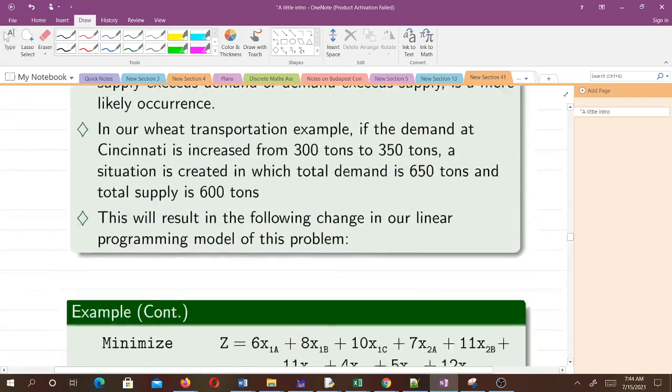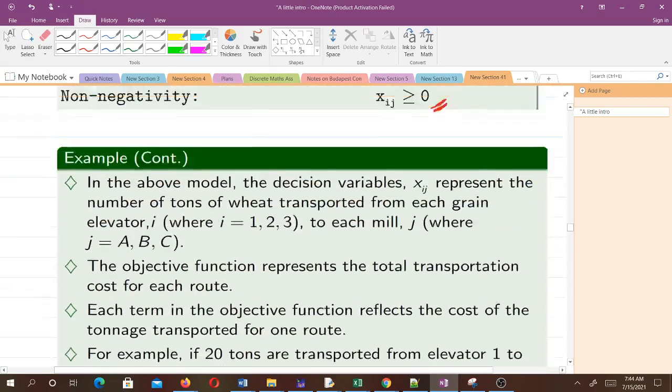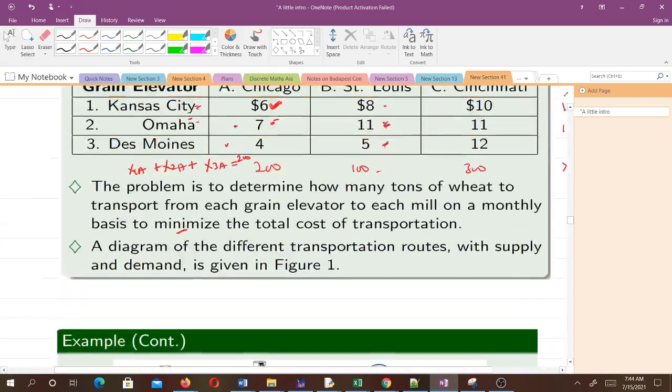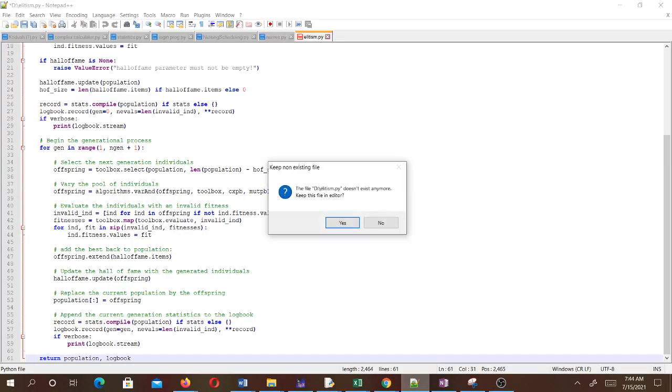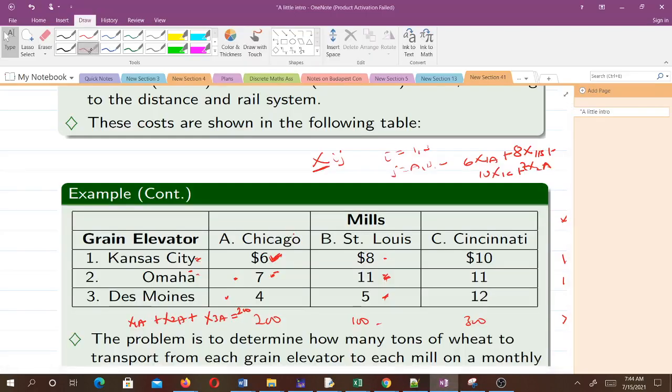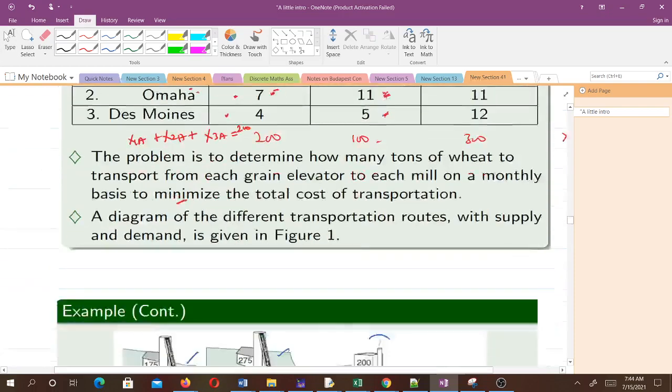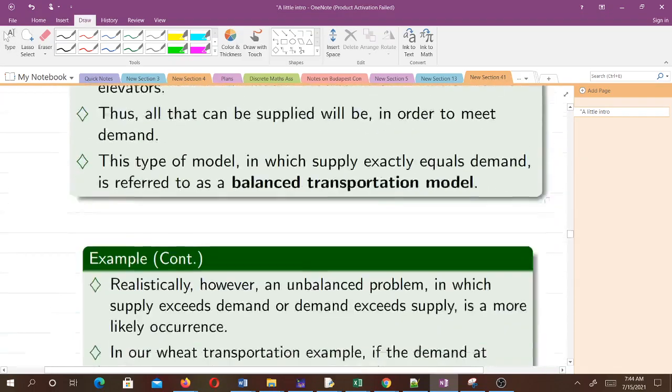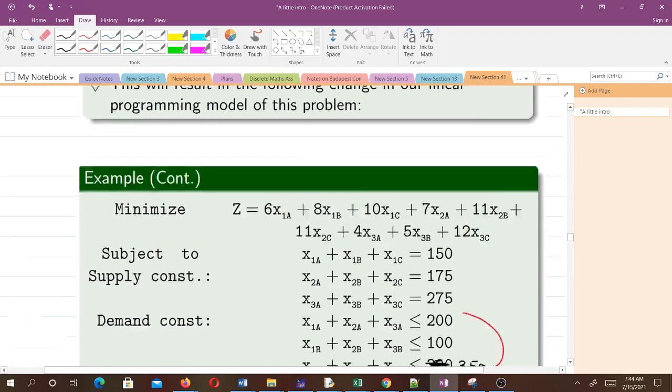So for instance, let's say the route from Kansas City to Chicago is prohibited. That means that we should make sure that when we have our optimal solution, there is not going to be any unit transported from Kansas City to Chicago, since that won't be possible. Okay, so that's what that one seeks to address.